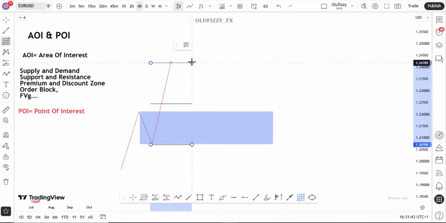Anything below this 50%, which we know as equilibrium, is a discount price, and anything above here is a premium price. So anytime price comes below that equilibrium, you can consider that as your area of interest.